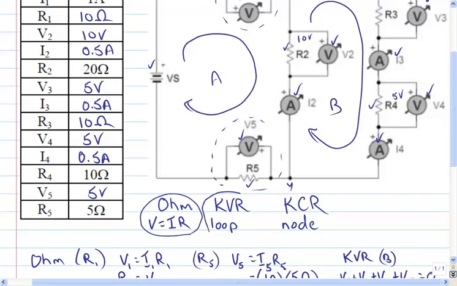I've got Ohm's law, Kirchhoff's voltage rule, and Kirchhoff's current rule. And you have to scan the circuit, find the parts of the circuit where you have enough information to solve it, and then they can go away. So take a look at that. You will need to solve circuits on the exam. So get comfortable with this, and good luck.